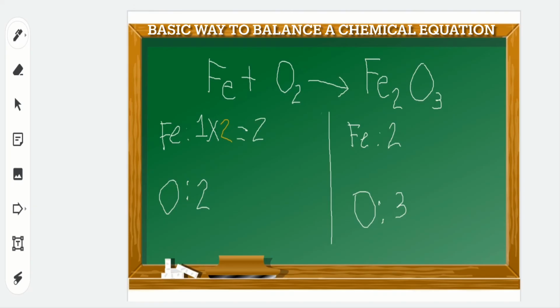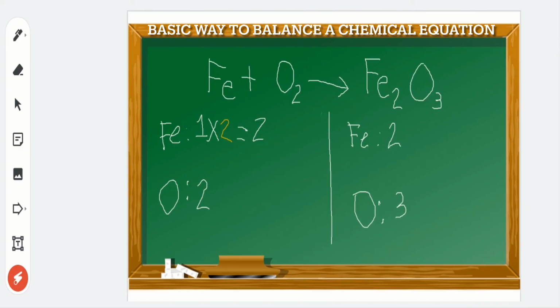Now, here, dito sa ating oxygen naman, hindi sila equal. So, we have to think of a number na kapag minultiply natin dito sa ating oxygen, ang magiging sagot ay equal to 3 or more. Pero definitely, walang number na mag-equal siya sa 3.